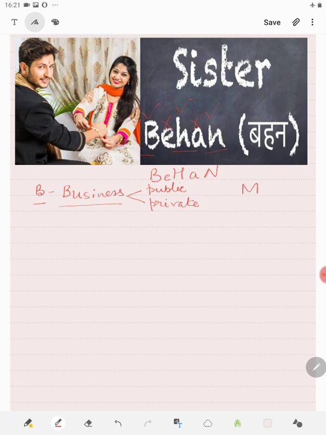Please remember the presumption under section 114 is that of may, and it is certainly discretionary upon the court, and it is rebuttable also. So if a business is being conducted, whether public or private, we can presume that the common course of business is being followed.